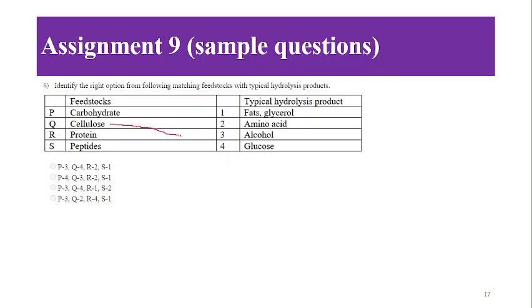So for Q, you can match 4. And for carbohydrates, the correct option will be alcohol. So next is for protein. Protein is converted into amino acids, and peptides is converted into fats or glycerol.